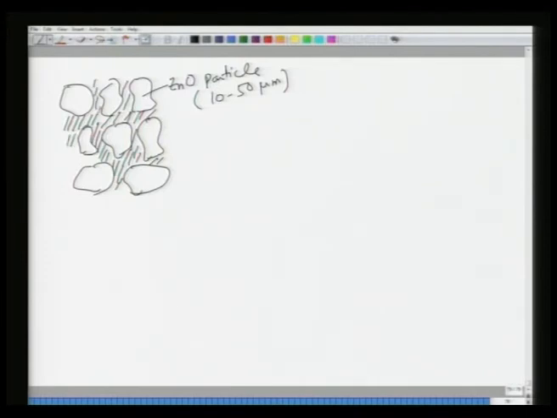Of course, I am making it a little bit more magnified. The intergranular layers are very thin in nature. Typically, these intergranular layers could be submicron. In fact, they could be in the nano-sized range.